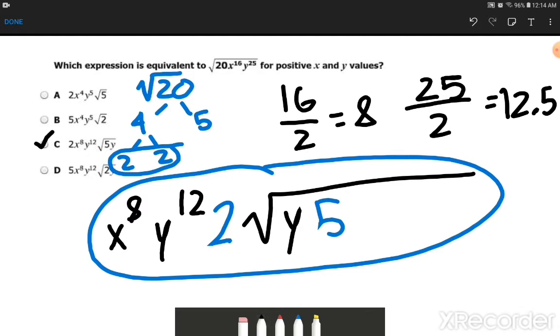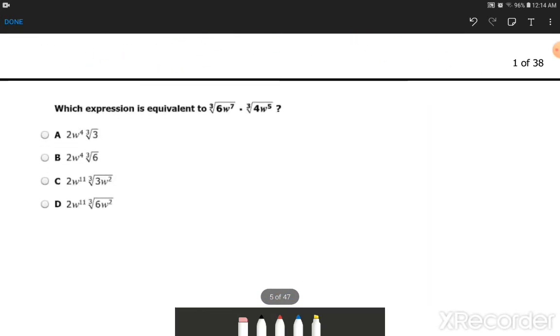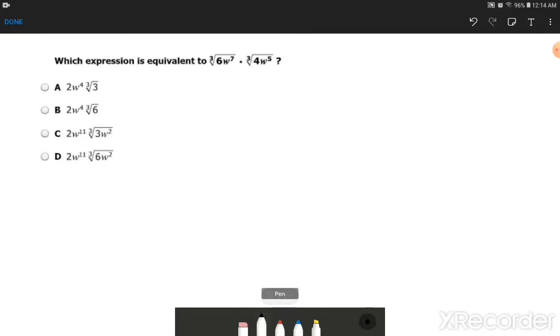Alright, let's move on to question 2. Which expression is equivalent to the cube root of 6w to the 7th times the cube root of 4 times w to the 5th? Two cube roots multiplied together is the same as one big cube root.